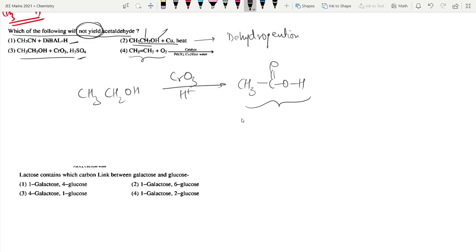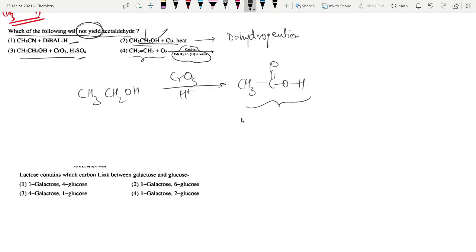And then we have a last one. This is oxidation of alkyne, and because we have these catalysts, which catalyst is not mentioned here, this can also give acetaldehyde.